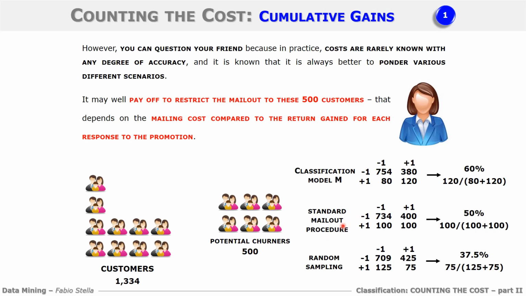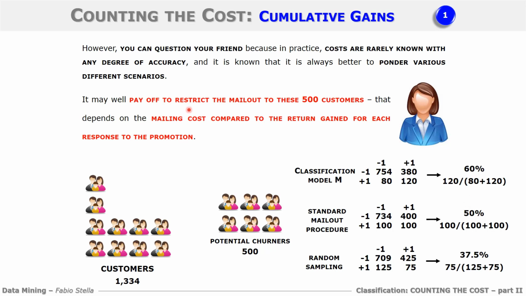While if you apply the standard mail-out procedure, you expect this percentage to rise up to 50%. And finally, if you apply your classification model capital M, you will still improve from 50% to 60%.